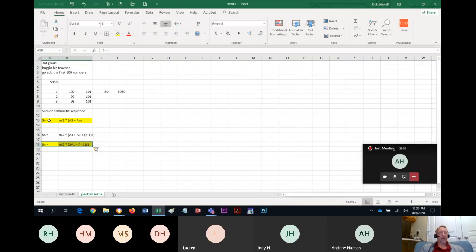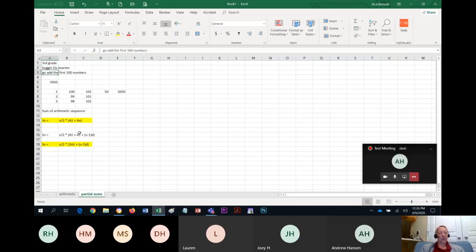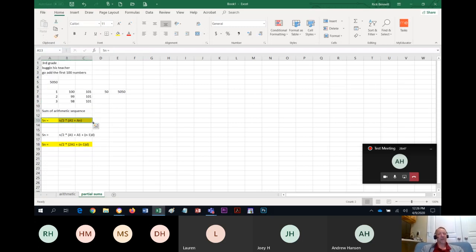So basically these 2 formulas are the same thing. It's nice when, in the third grader's case, we knew what the last number was, and we could figure out the number of pairs easily. If you don't know, you can always use the second formula. Okay, so those are basically the same formula.